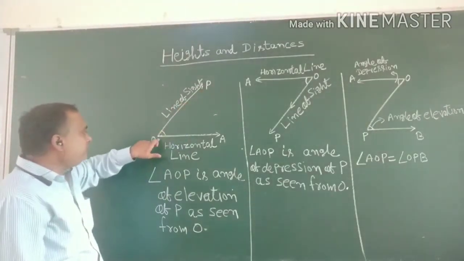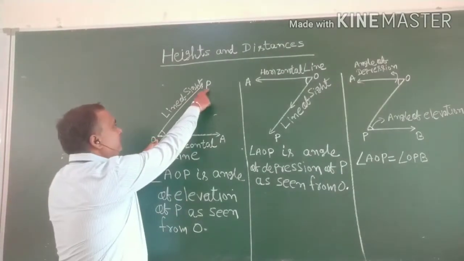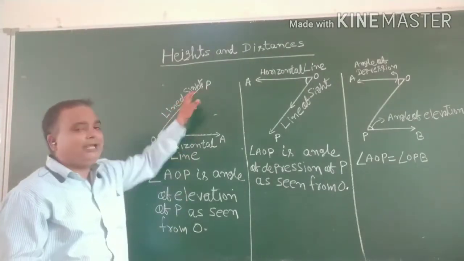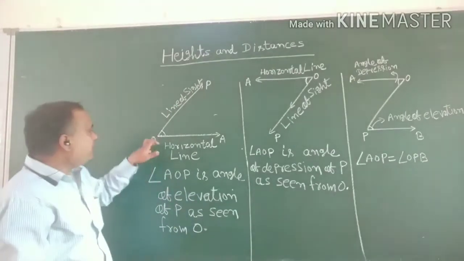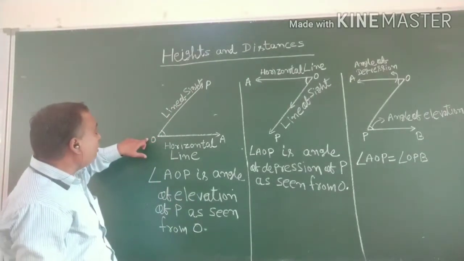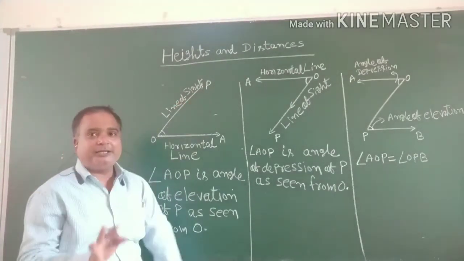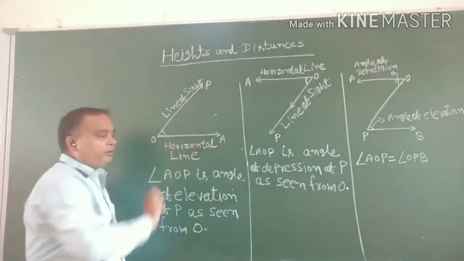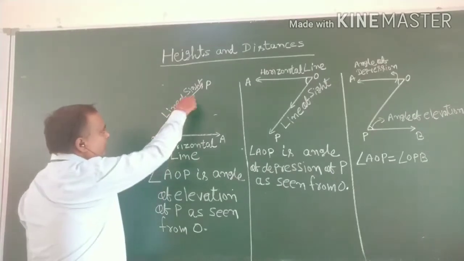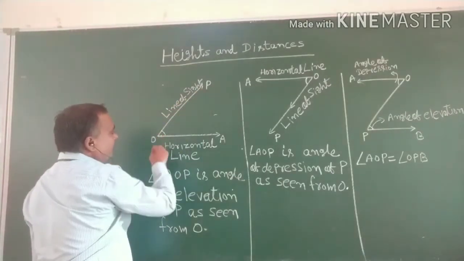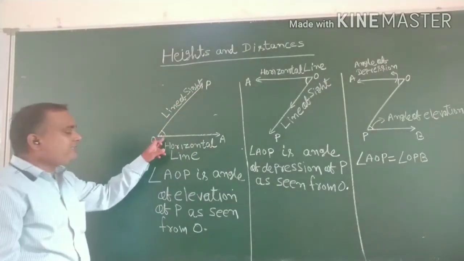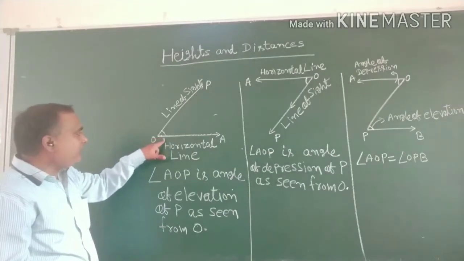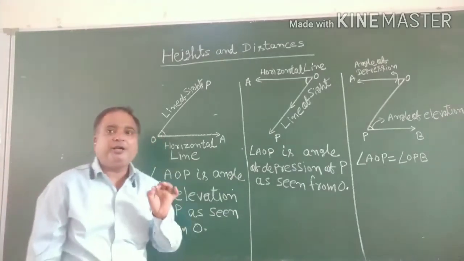The distance between observer and object is known as line of sight. The line OA is called the horizontal line. If I join OP and OA, it makes an angle, and this angle is known as the angle of elevation.